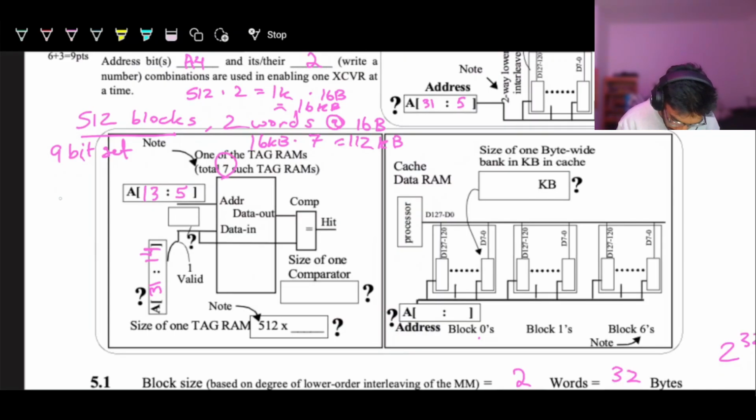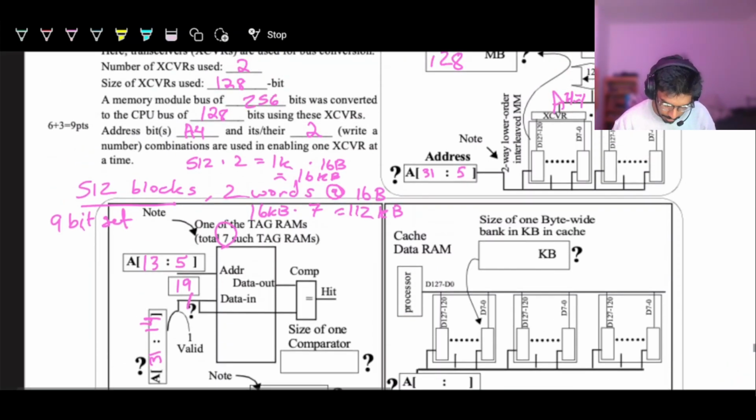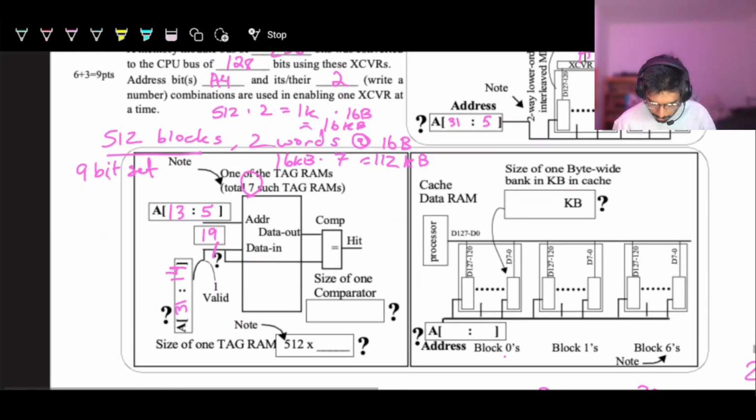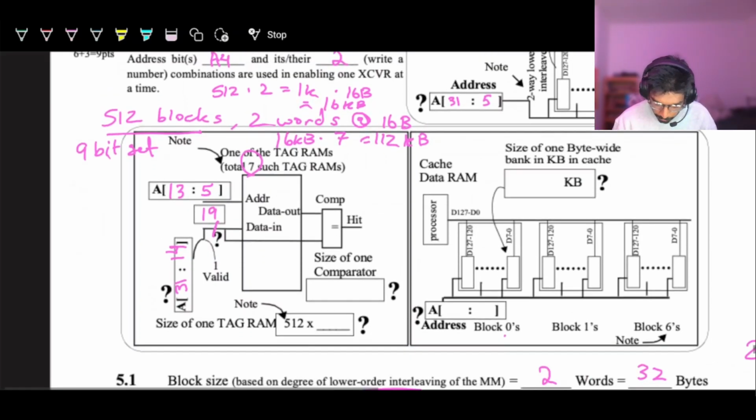And how many bits is that? Well, we have 2 here, we have 6 here, and we have 10 in the middle. So that's 18 bits plus a valid bit. So that's a 19-bit line data input. And then the size of our comparator: is our data in the same as our data out?